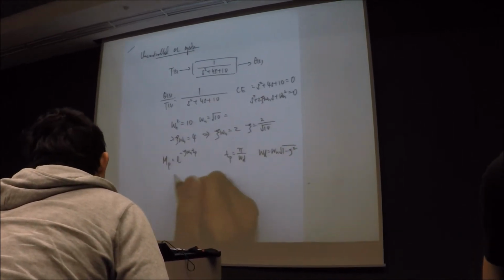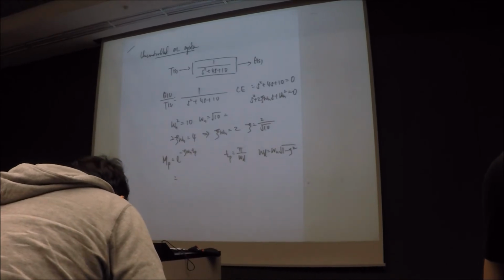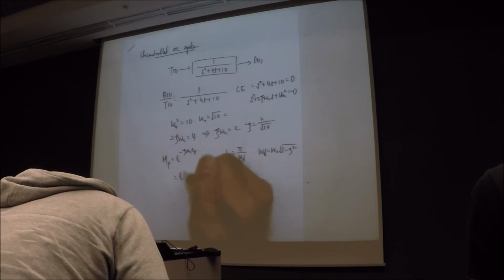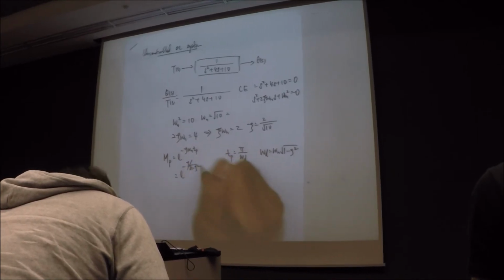Okay, there is another formula. Let me see whether I can remember. Mp is equal to e to the power of minus zeta pi divided by square root of 1 minus zeta squared.